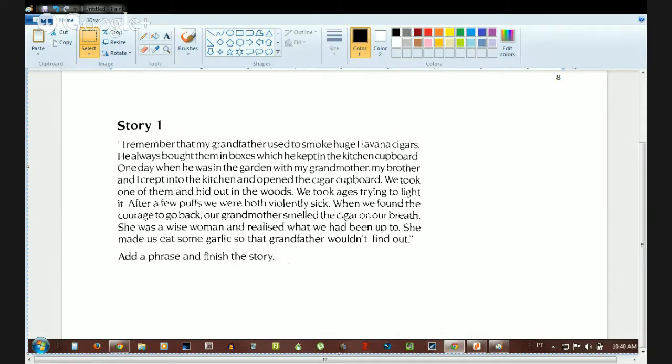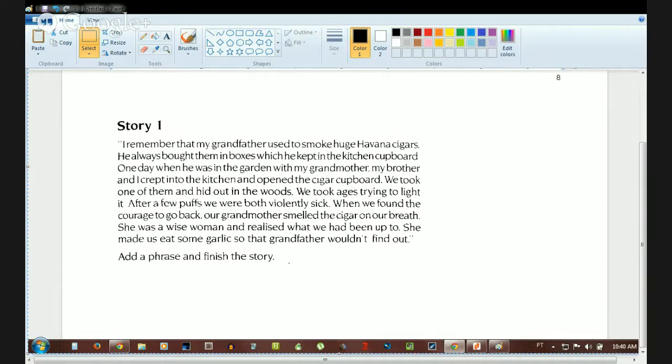After a few puffs, we were both violently sick.